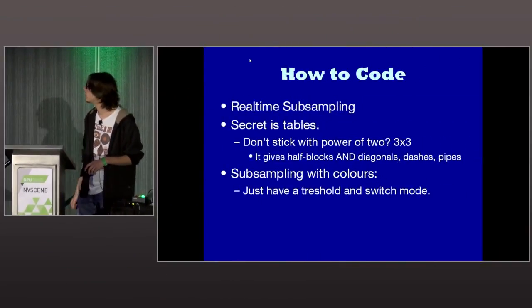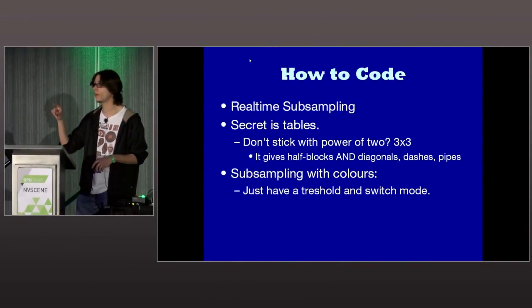The secret to subsampling is tables, and you don't have to stick to powers of 2. For example, I was going with grids of 3 by 3.